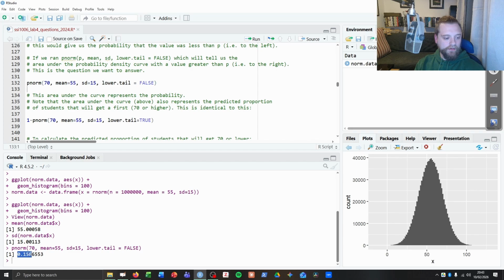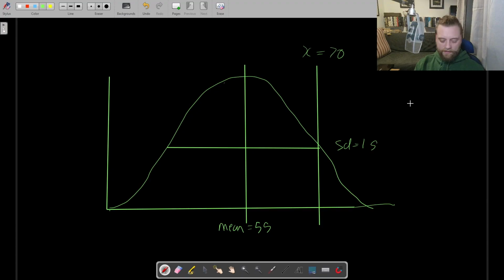Now, what does this mean? Well, in this configuration, with lower tail false, what this is going to tell us is the percentage of people in a normal distribution with these qualities who scored above this level. And graphically, what this looks like is that it's just the area under this part of our normal curve.